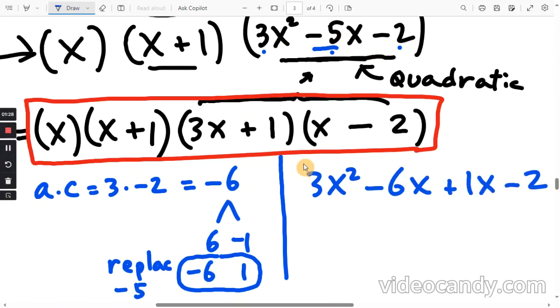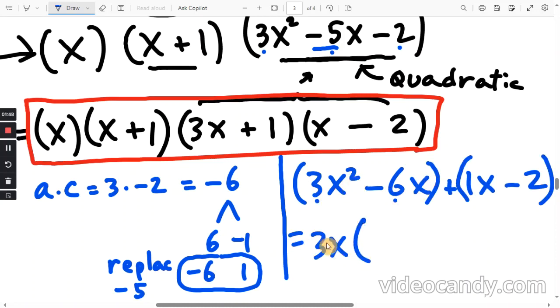Now we want to factor each of these binomials individually. The greatest common factor between 3 and 6 is 3, and for the x with the smallest exponent, x squared and x, that's just x. 3x squared divided by 3x is x, and -6x divided by 3x is -2. So we have x minus 2 in parentheses.